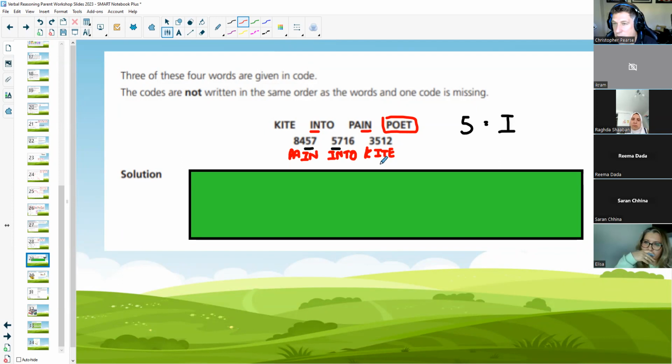I think it is just worth knowing that sometimes you won't get it straight away, and that's fine. Have a go. Rub it out, start again, try and go back to what you know, try and look for those letters, all those numbers in the same position. Are there any questions on that particular one at all?